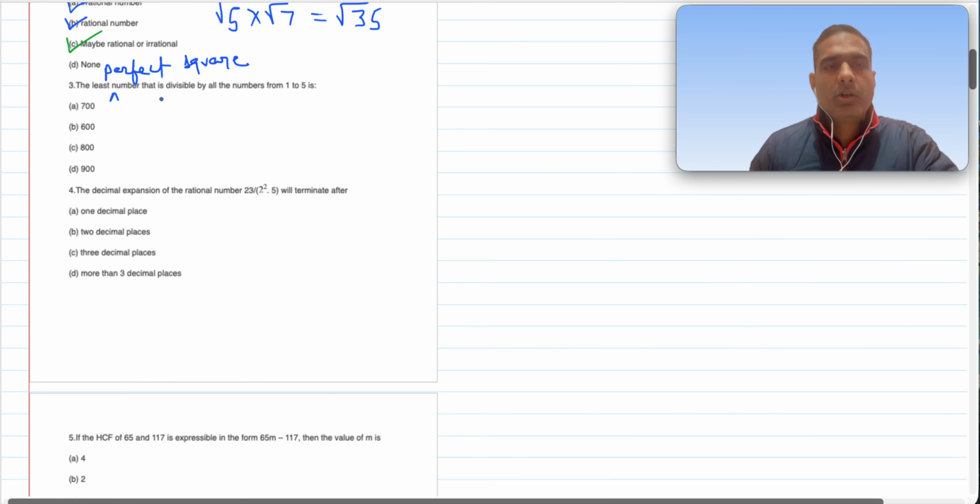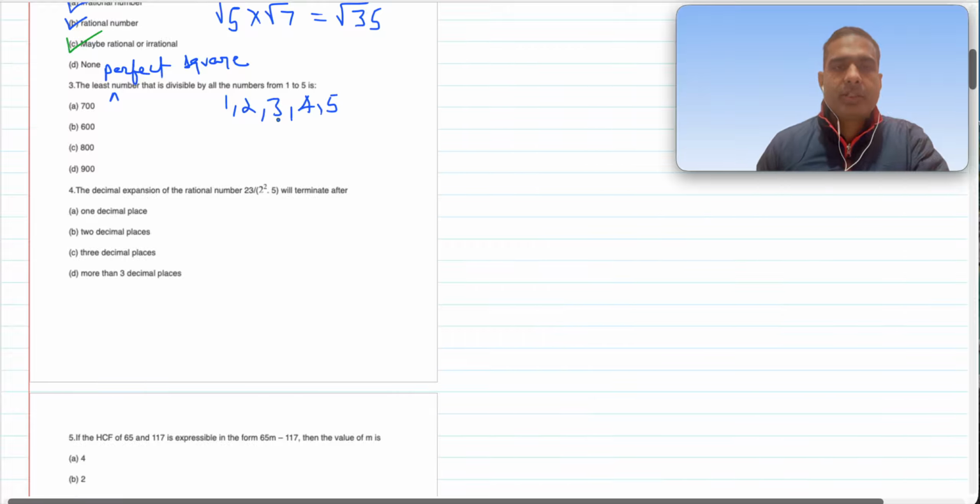Okay. So we already know that the least number that is divisible by some numbers is their LCM. So basically I have to first find out the LCM of 1 to 5, and then I have to make that square. So the numbers from 1 to 5 is 1, 2, 3, 4 and 5.